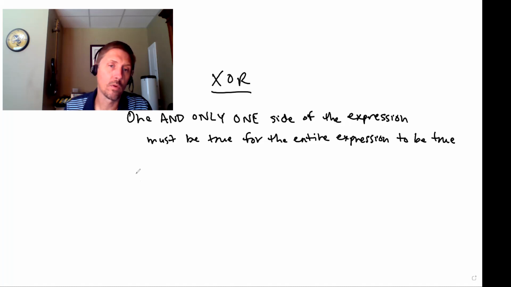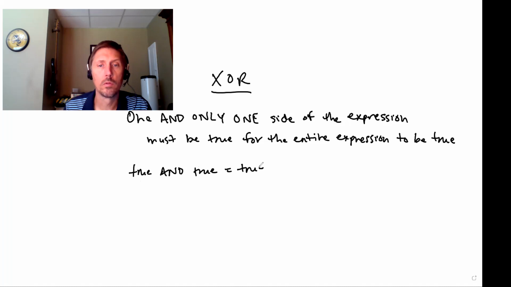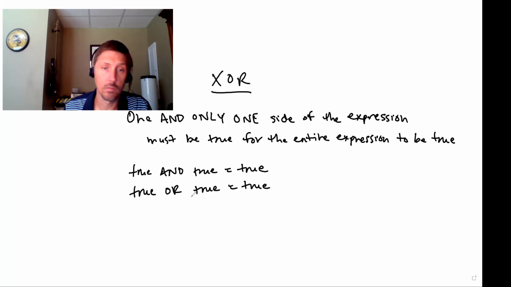Before, we saw that a true and a true equals true because both were true. We saw that true or a true was true because either of them could be true in order for it to be true.